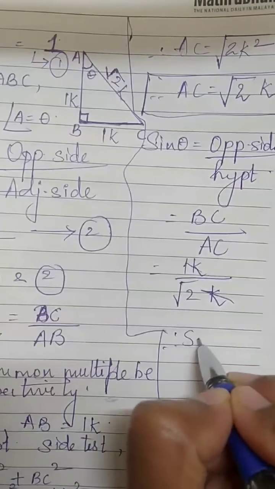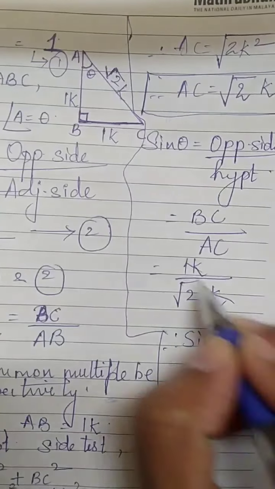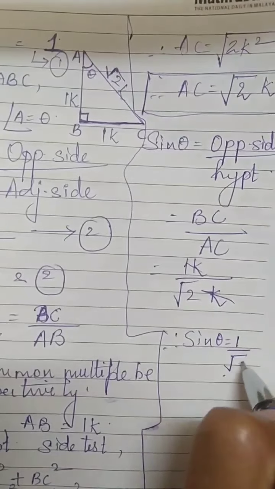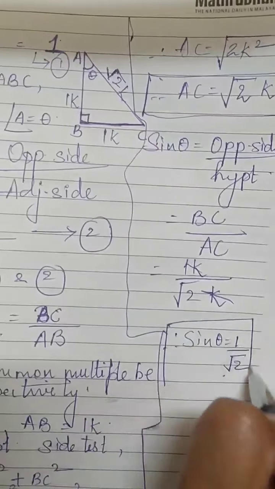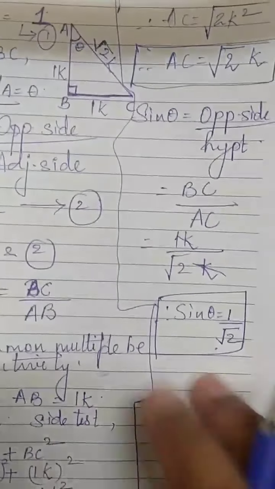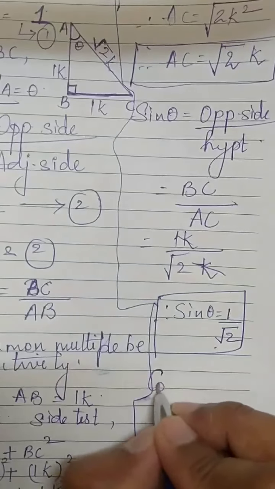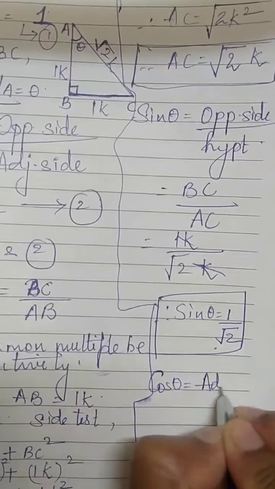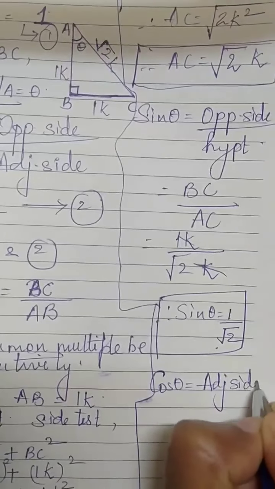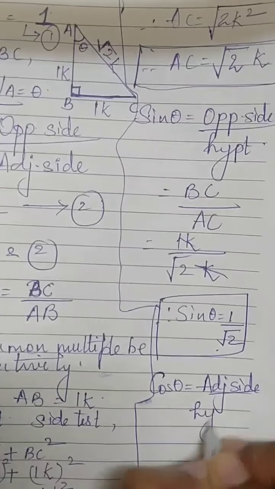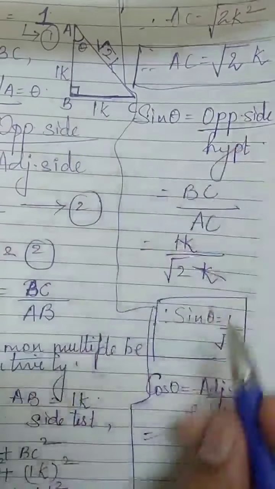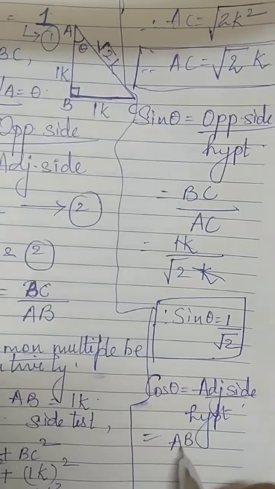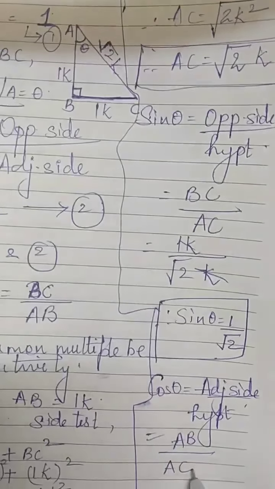So therefore sin theta's value is 1 upon root 2. Very easy to solve. Next ratio, cos theta is missing. Cos theta's formula, adjacent side upon hypotenuse. For theta, the adjacent side is AB upon hypotenuse is AC.